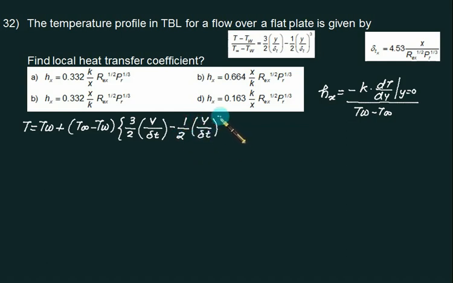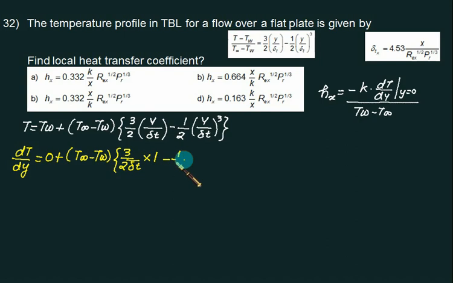We have to first find dT/dy. The first term's derivative is 0, plus this value is the same as T infinity minus Tw. From this term 3 by 2 delta T is common. The derivative of y is 1, minus 1 by 2 delta T cubed, the derivative of y cubed is 3y squared.